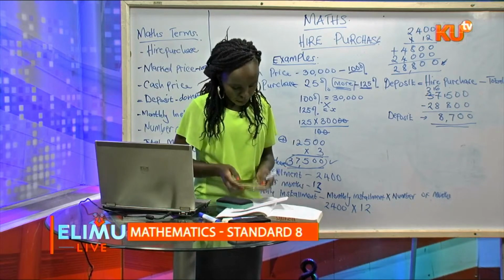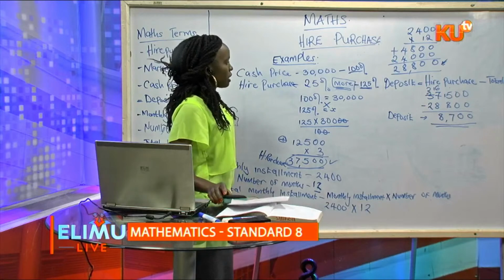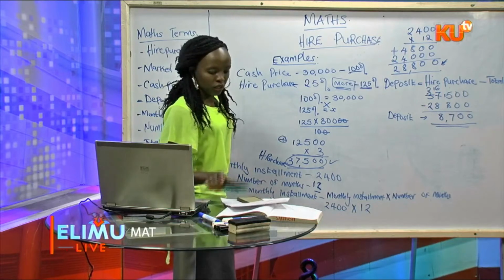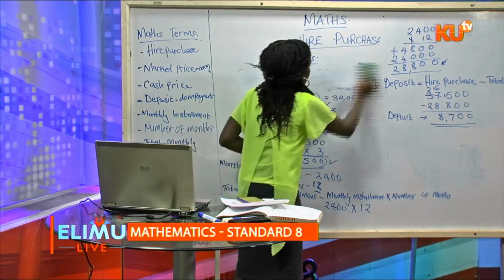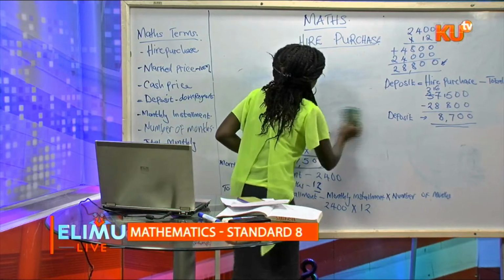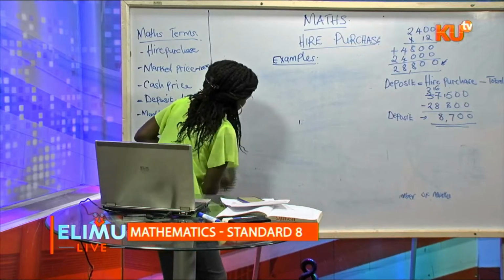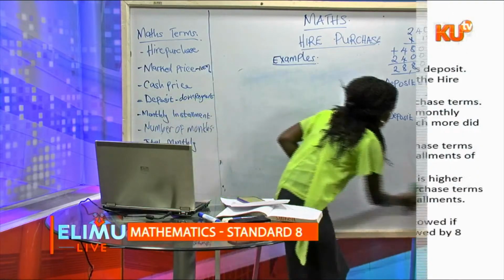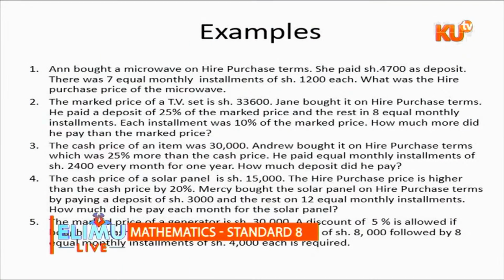Our next example is example number 4. We do another example, example number 4. I hope you are following and your understanding. So example number 4. For example number 4, we are going to look at KCPE questions.